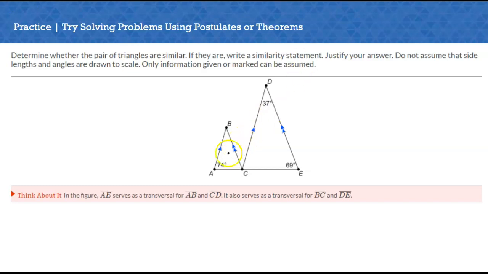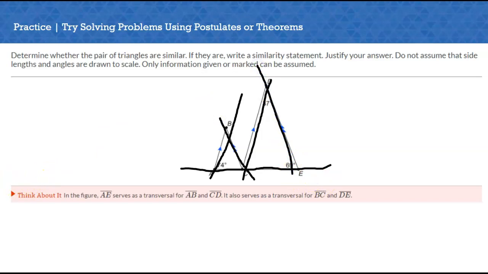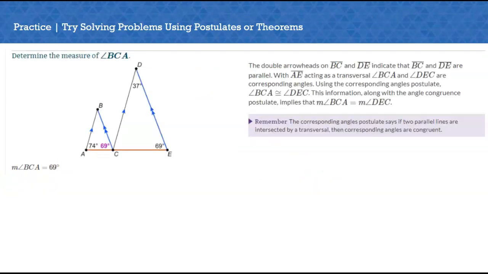Notice that AE is serving as the transversal and that AB is parallel to CD, as well as BC being parallel to DE. The double arrows on BC and DE indicate that BC and DE are parallel.